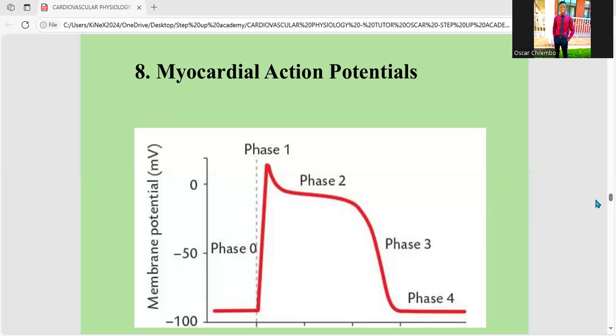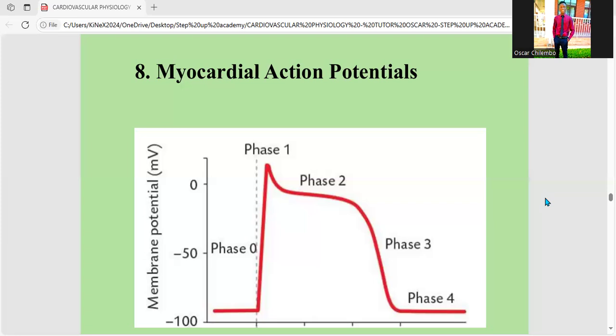So this is the action potential that is actually transmitted to the muscles of the ventricle, okay, which is the myocardium. So unlike the pacemaker potential, the myocardium action potential is quite different because in the myocardium action potential we have the plateau phase, as you can see there.